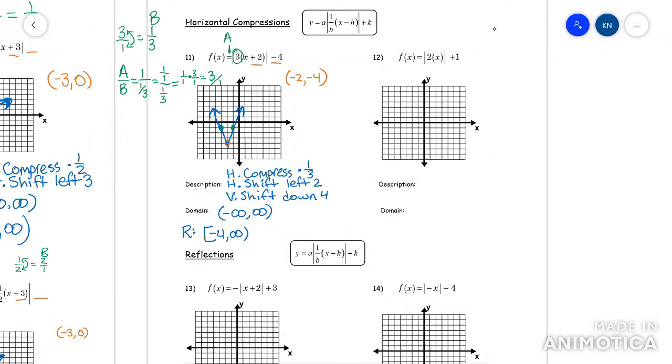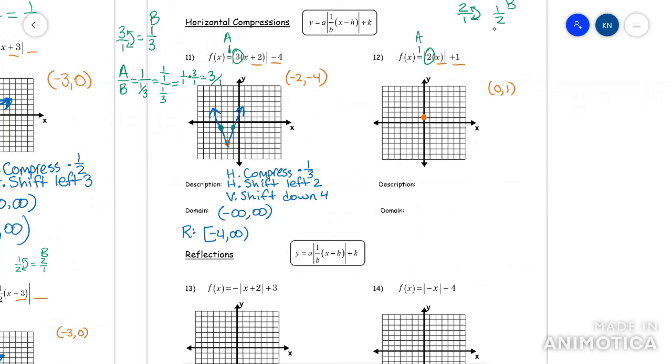All right, number 12. So let's see another example of a horizontal compression. Number 12, go find your HK, your vertex. It's 0, 1. Go put a dot there. All right, now identify A and B. A is out front, it's hiding, it's a 1. B, you're supposed to take this number. If it's 2, make it 2 over 1, because you're going to have to flip it, and it becomes 1/2.